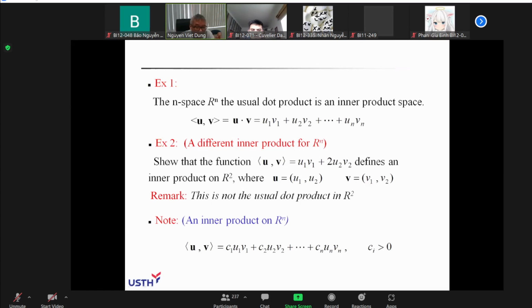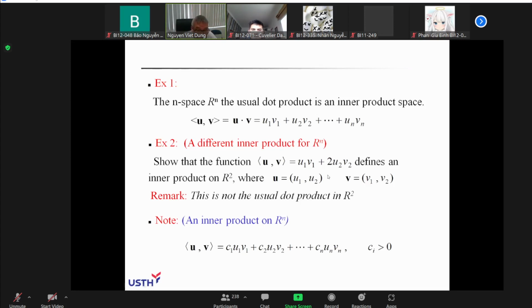However, example 2 shows you that on the same vector space, you can have different inner products. You can have the usual inner product like here.